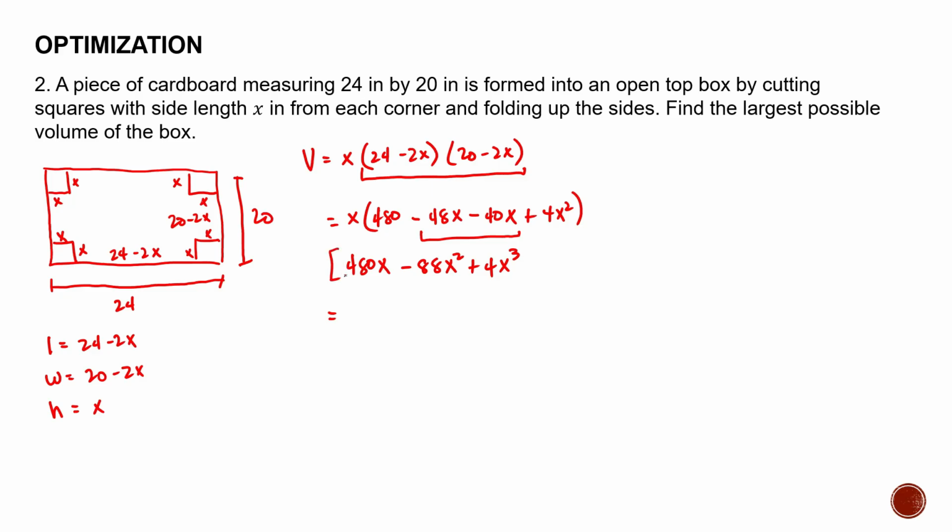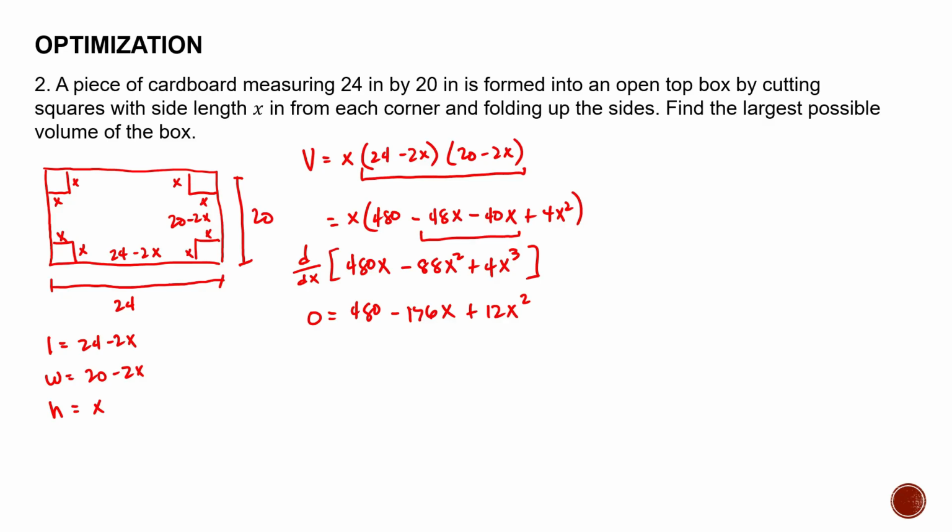So d over dx. That would be equal to 480 minus, so 88 times 2 is 176, don't forget the x, plus 12x squared.